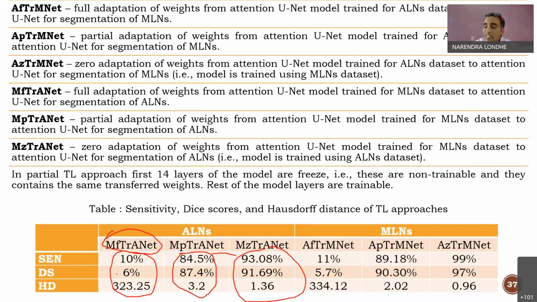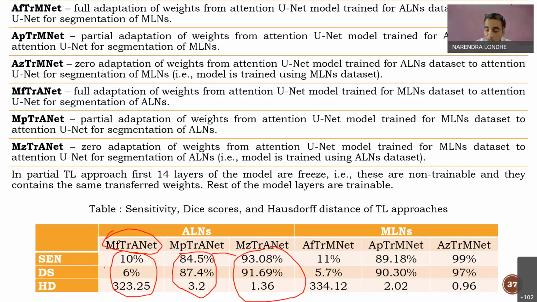Okay, it is indicating that the lymph nodes located in the mediastinal locations have different features and different shapes. Yes, they are similar in some sense. Because of that partial similarity, you can do the partial transfer learning, but you should not do the complete transfer of the learning from the mediastinal to the abdominal.